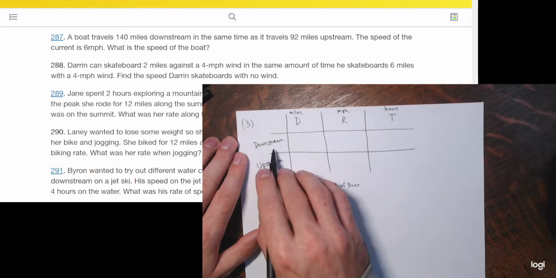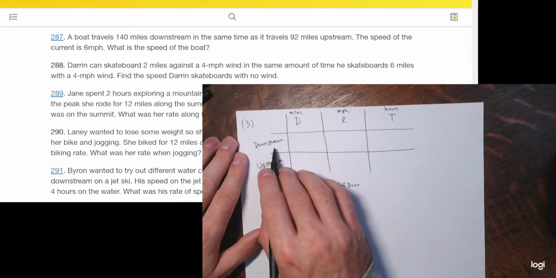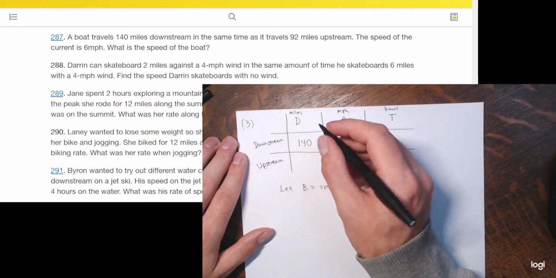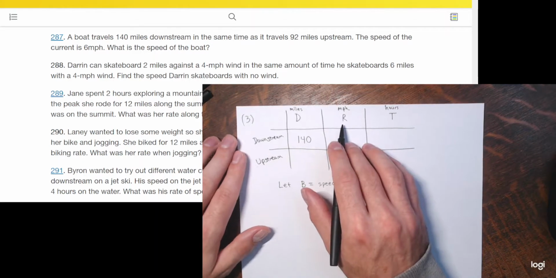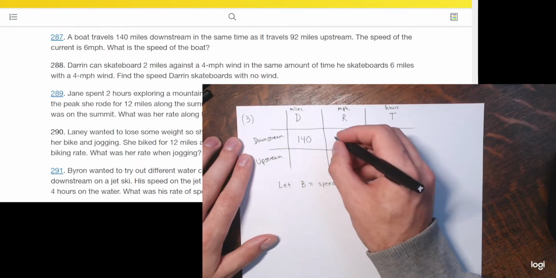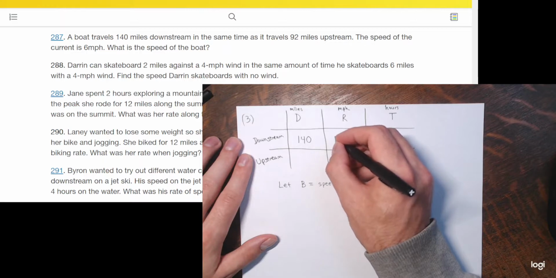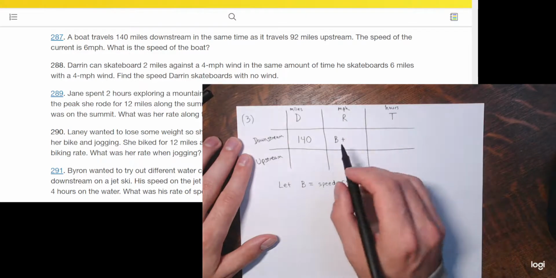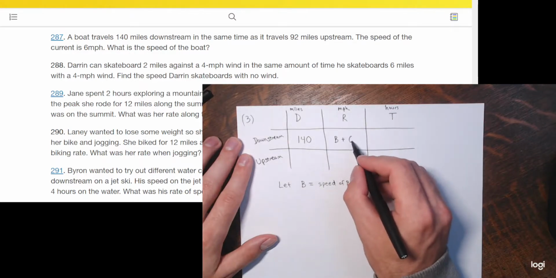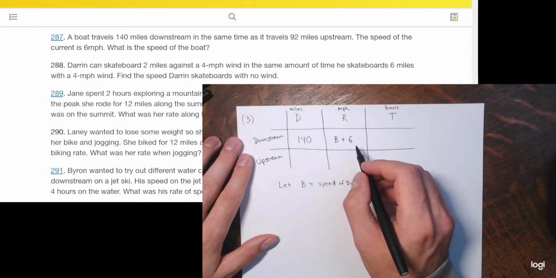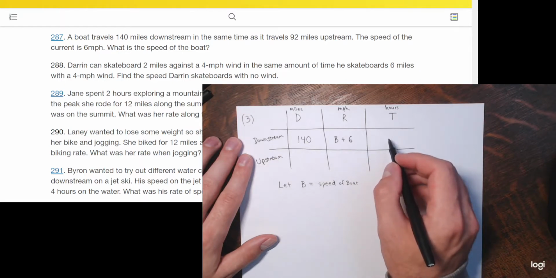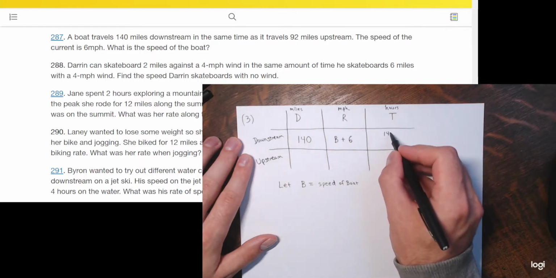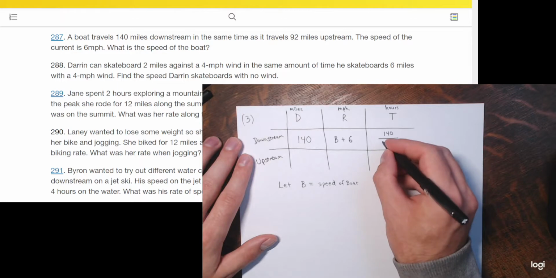Okay, the trip downstream. So the boat travels 140 miles downstream. And the rate of speed going downstream. Now again, downstream means you have the boat speed and then you're adding the speed of the current. You're going with the current, so B plus the 6 miles per hour that the current is traveling. And then once again we have time is distance divided by rate. So 140 divided by B plus 6.